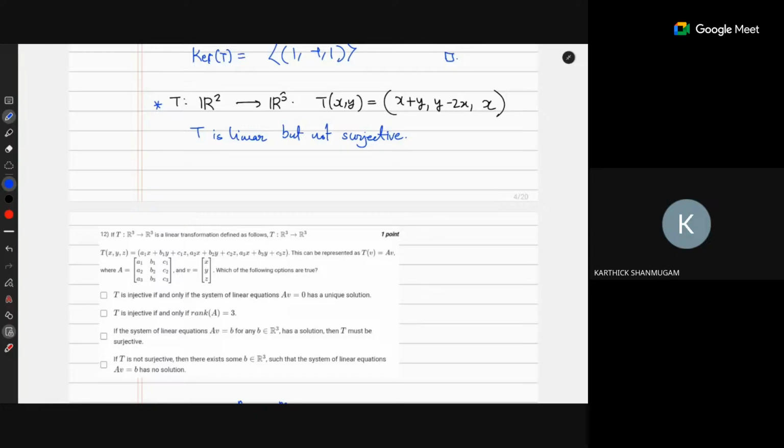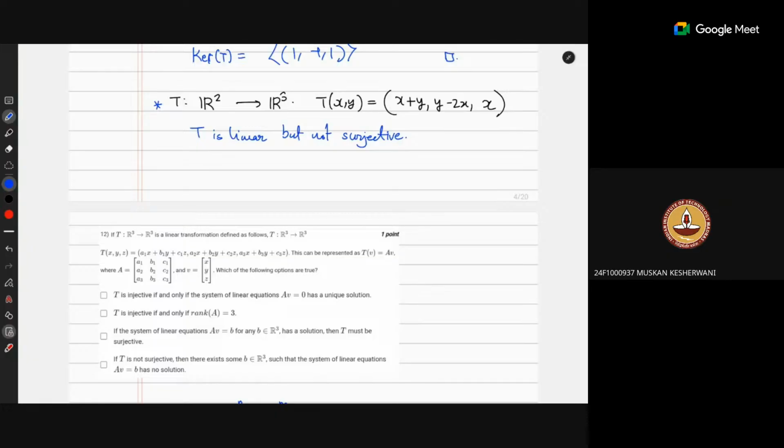How do I check that? Looking at the transformation x plus y, y minus 2x, and 0, can I form the linear transformation in matrix form and then check? Yeah, you can do that. Like (1, 1, 0), (-2, 1, 0) and (1, 0, 0), right?